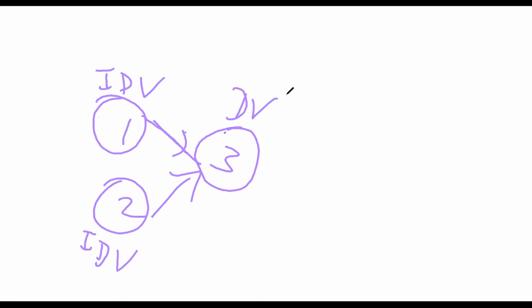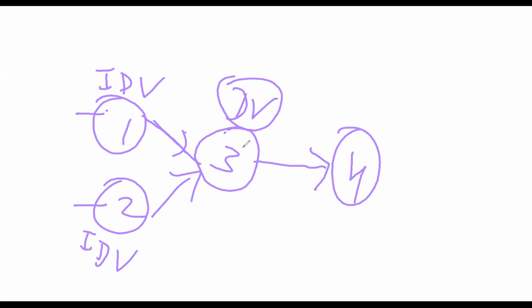But again, when you add some new relationship 4, then you can see 3 is now acting as both DV and IDV.